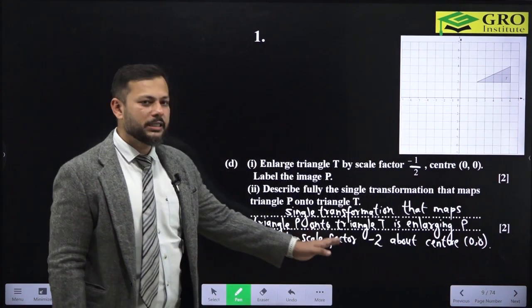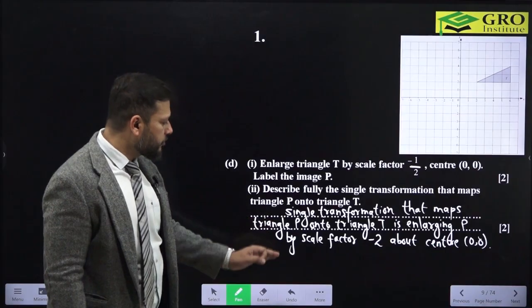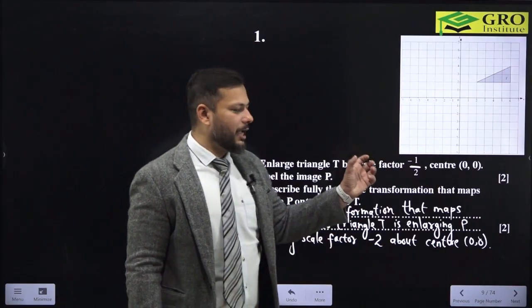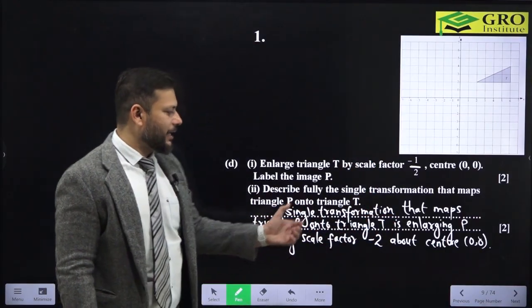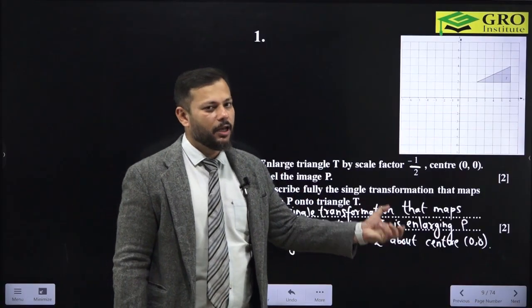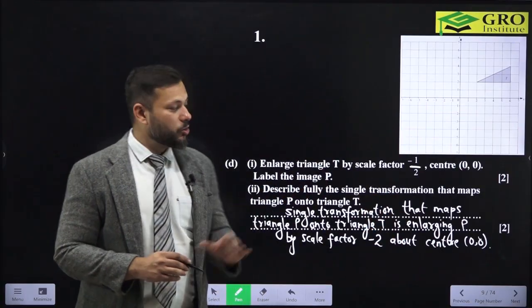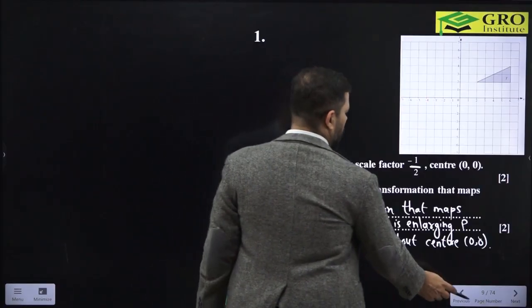Right? This is the single transformation. We have to enlarge the triangle P by the scale factor minus 2 with center 0, 0. So this is what we need to do in this question 1.